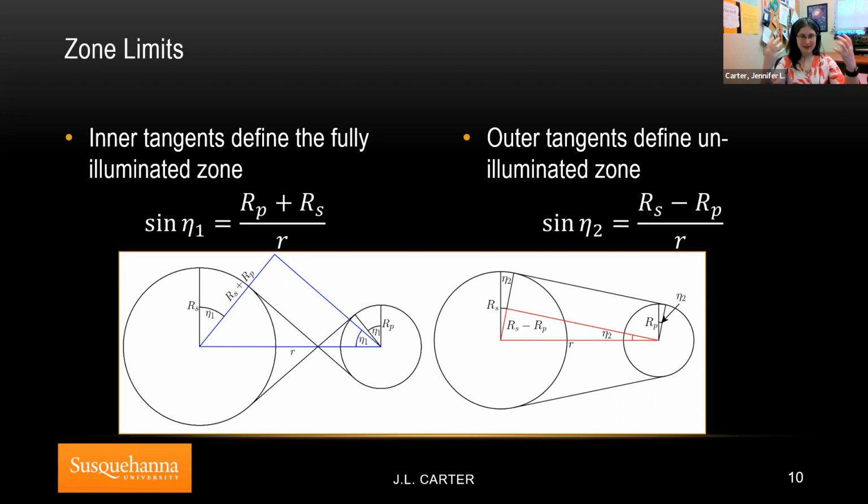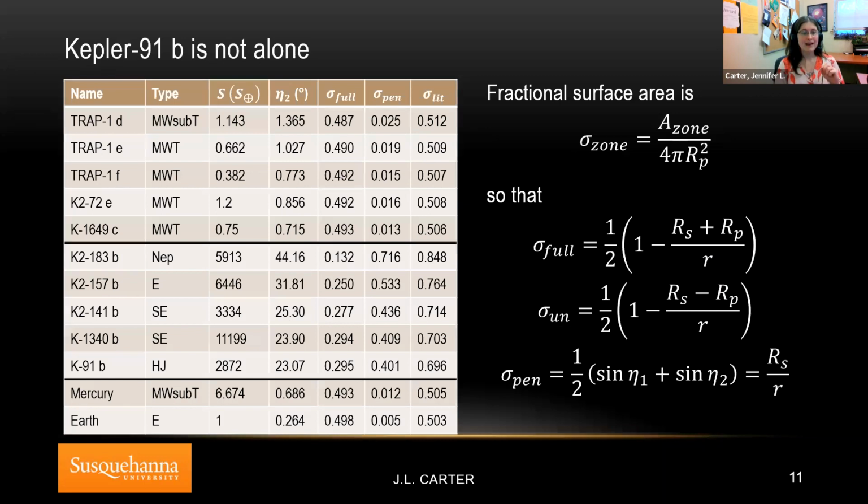Let's actually see the relative size, the fractional surface area, of some exoplanets within each of these zones, the fully illuminated and penumbral zones especially. Shown here is a table with the top 5 potentially habitable exoplanets.